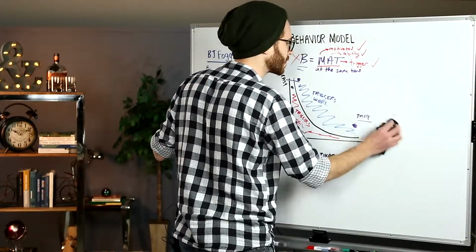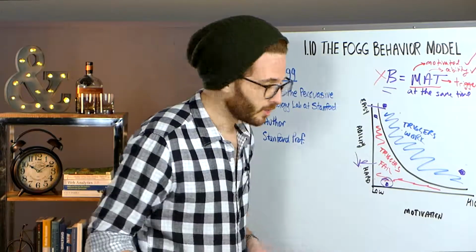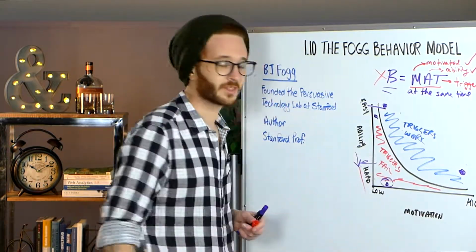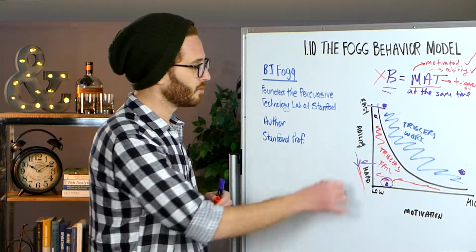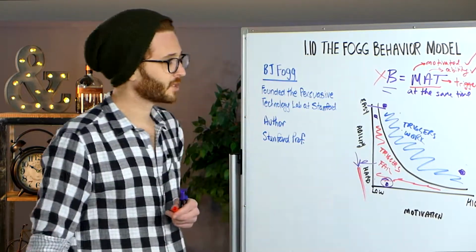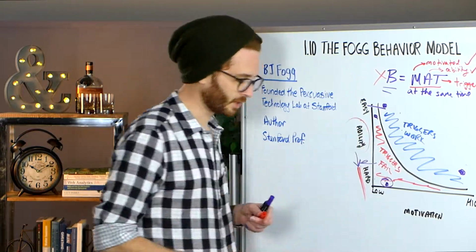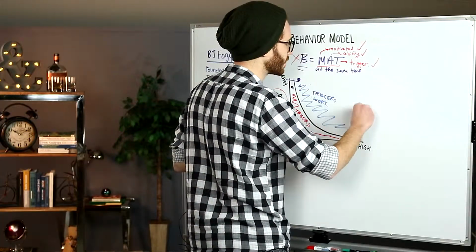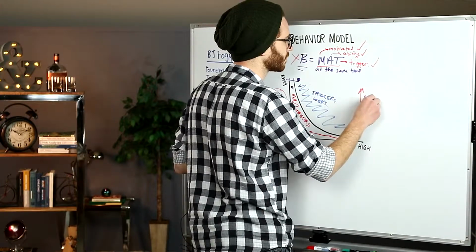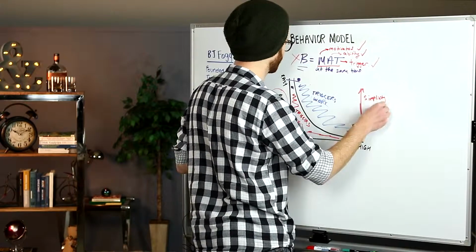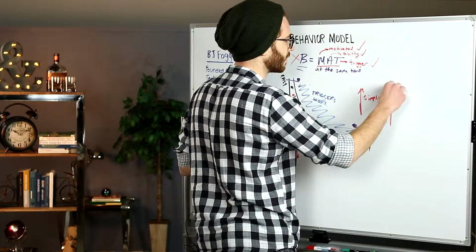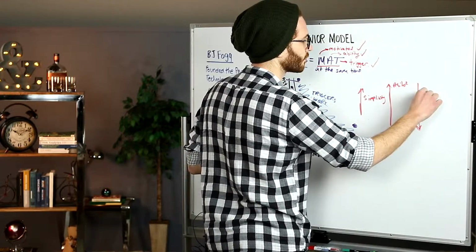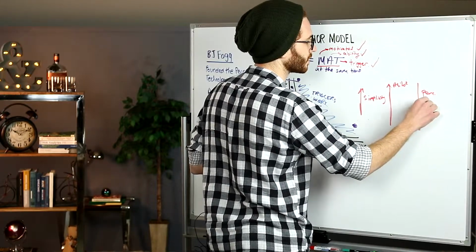So what does BJ Fogg always talk about when it comes to creating behaviors out of perceived difficult tasks, right? Your product might be complicated. You might want somebody to do something which they perceive as difficult in terms of their ability. The answer is you make it simpler. As you increase simplicity, you increase ability, and you decrease perceived difficulty.